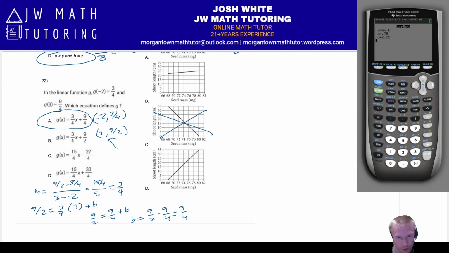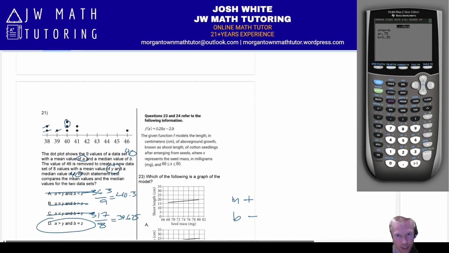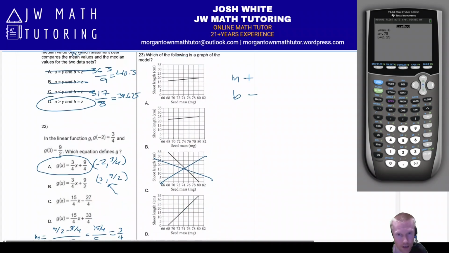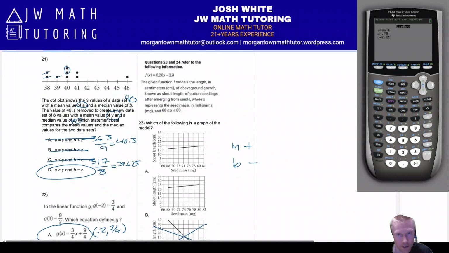The y-intercept looks like it will definitely be negative. But again, we don't know if it's going to be the exact value we're looking for, which is negative 2.9.